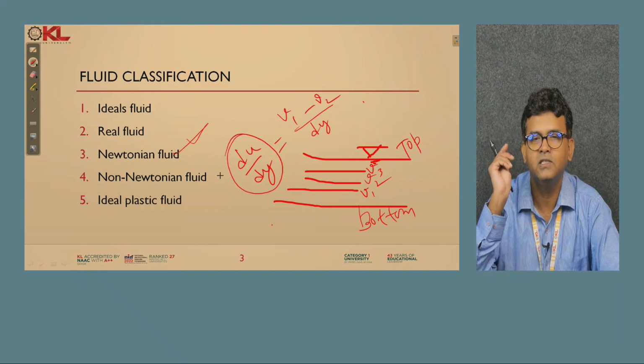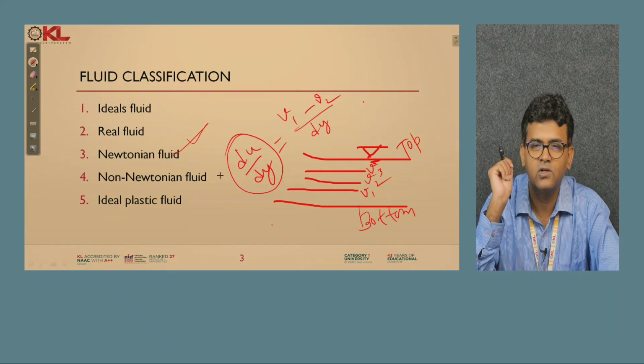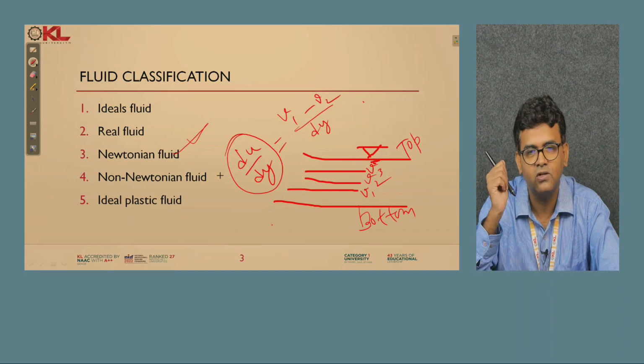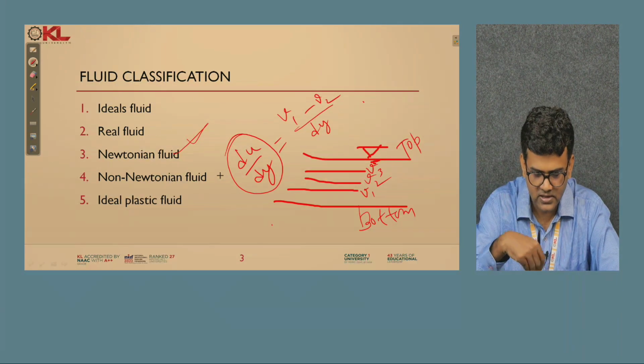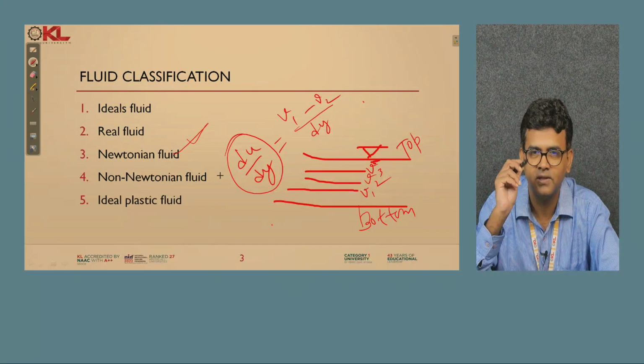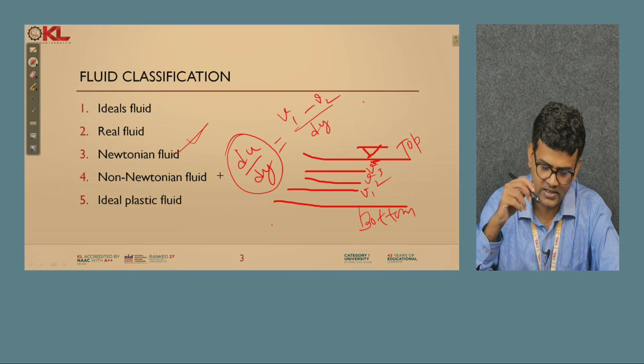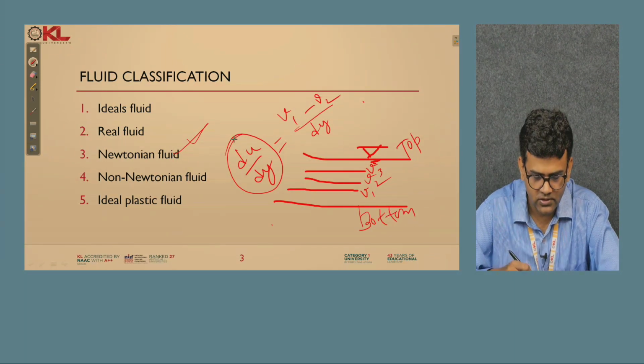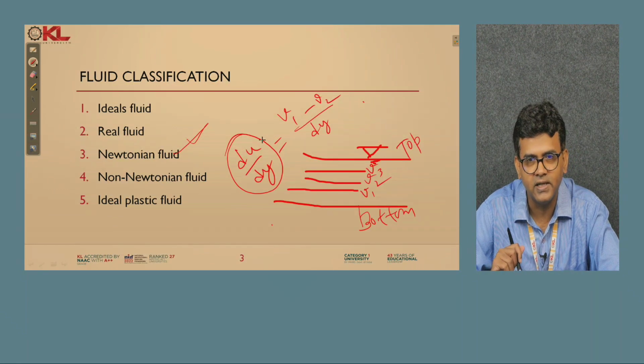That is the change in the velocity with respect to the vertical distance, y being the depth direction. So du upon dy is called the velocity gradient.